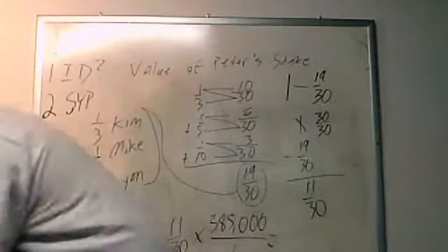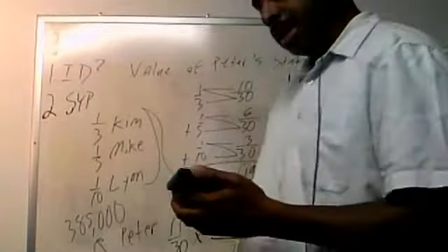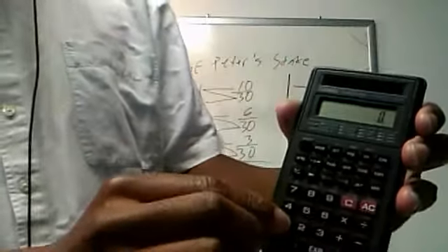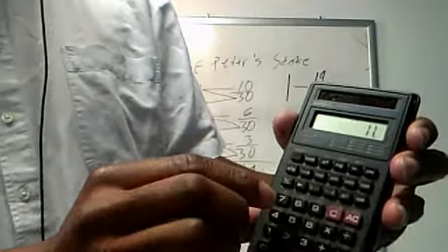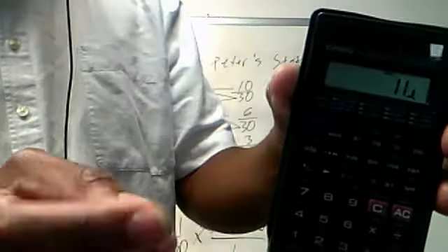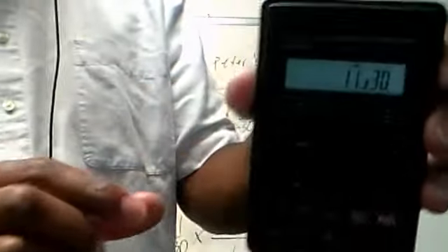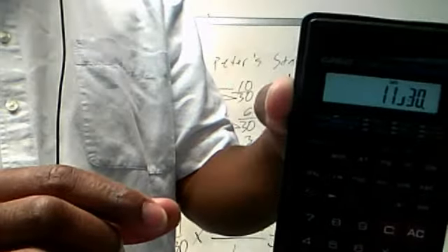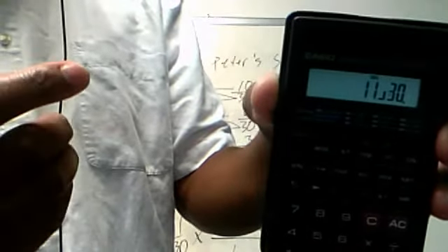Okay? Now, just a quick opportunity to use our handy dandy GED calculator here. 11, and you see that key there, the ABC key that gives you the fraction bar. 30, 11/30. Okay, so we have the fraction of 11/30, Peter's fractional stake.